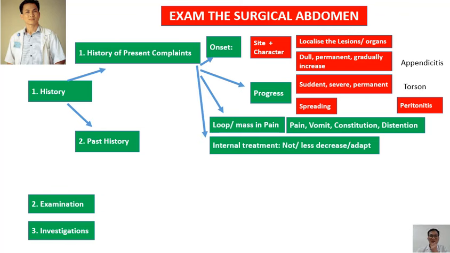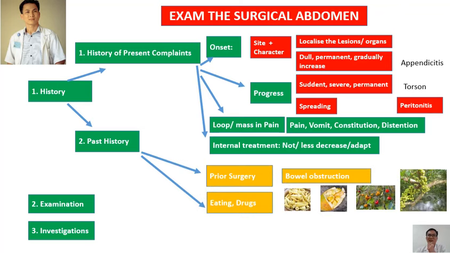Now we talk about the past history. When evaluating a patient for a surgical abdomen, it is crucial to explore their past medical history, as this can provide us valuable clues regarding the current condition. Key aspects to inquire about include previous abdominal surgery, a history of gastric or duodenal ulcers, and the third one is chronic conditions.